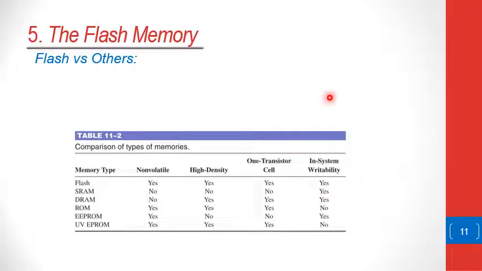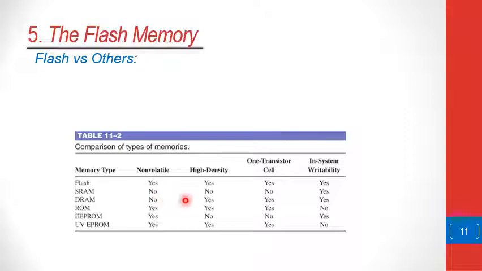We can compare then the property of flash memory to other types of memories, which we have already covered in earlier sections of the chapter. We see that flash memory, for instance, is non-volatile, much like the ROM and the EEROM, and unlike the RAM, which loses its memory when there is no power.